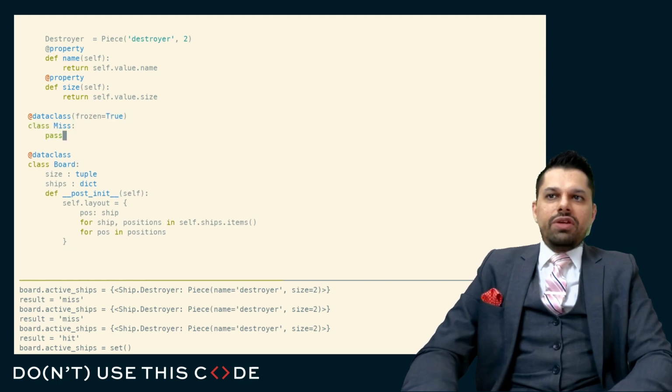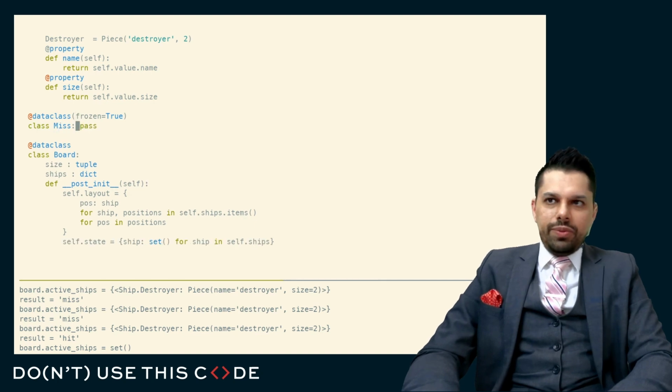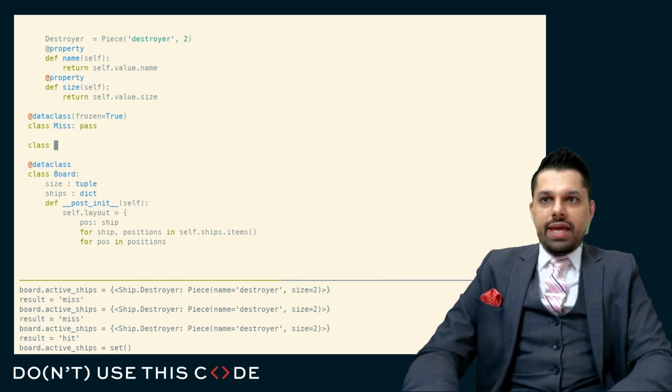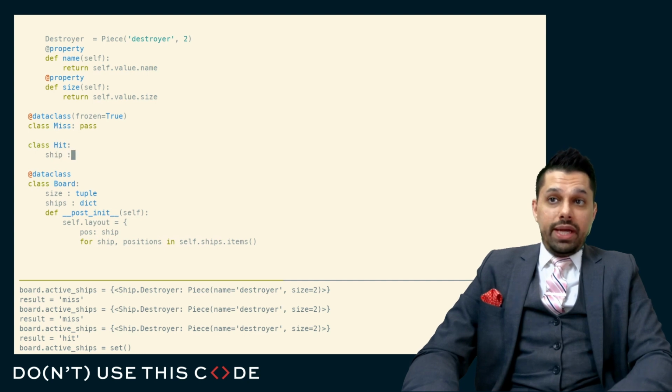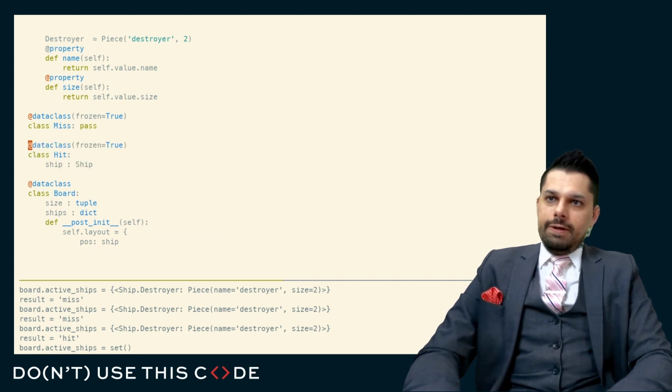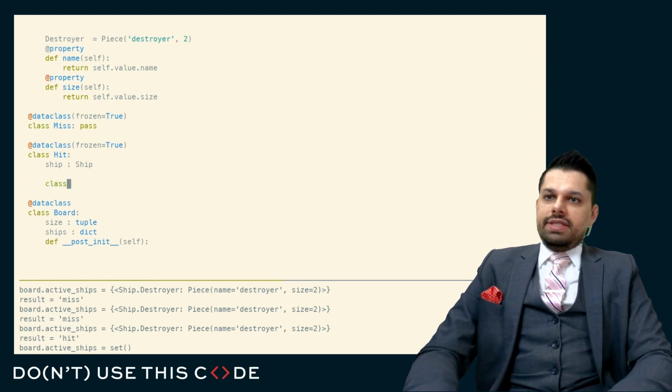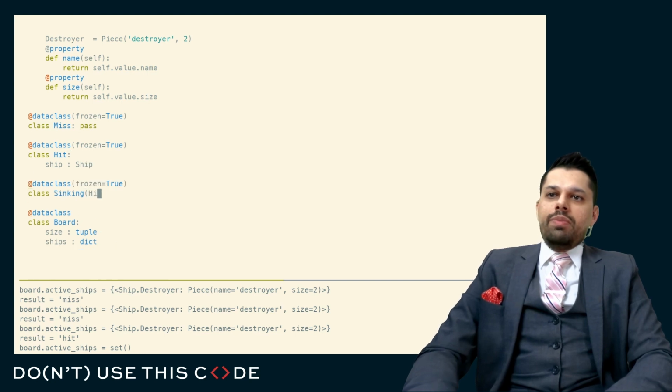And the miss doesn't really have any fields associated with it, or even a namedtuple. And here I have a hit, and this has what ship it hit. And a sink, or a sinking. And here, this is just a type of hit.